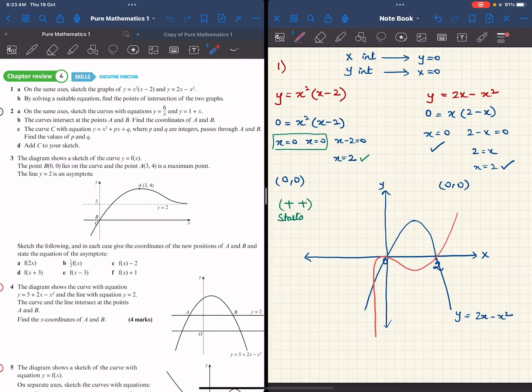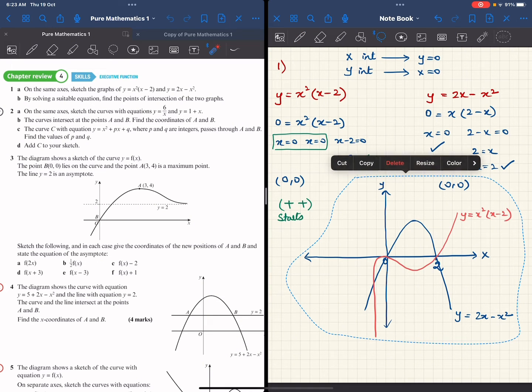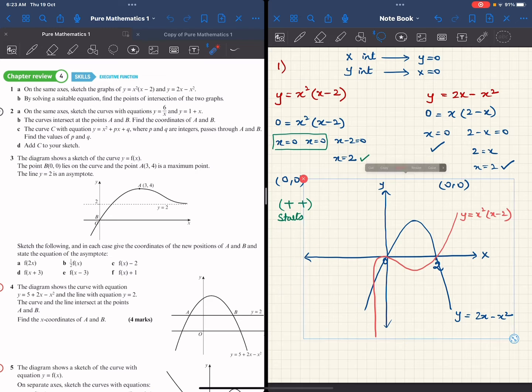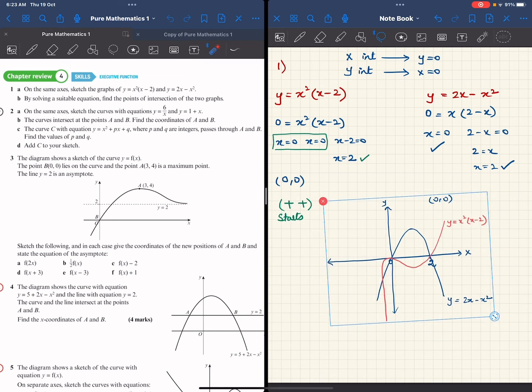This is the graph of y is equal to x squared into x minus 2. Moving on to part B, it says by solving a suitable equation, find the points of intersection of the two graphs. So we need to find the point of intersection.